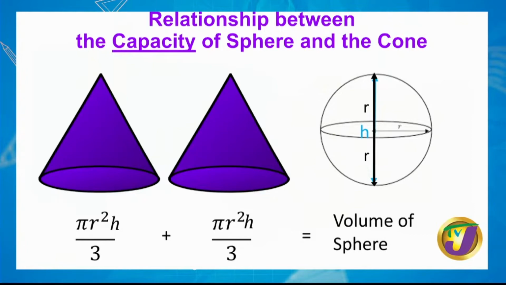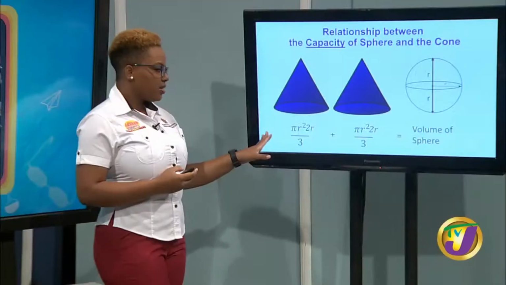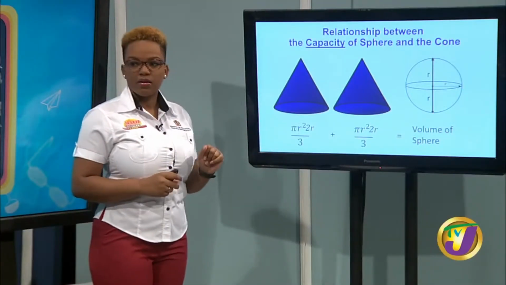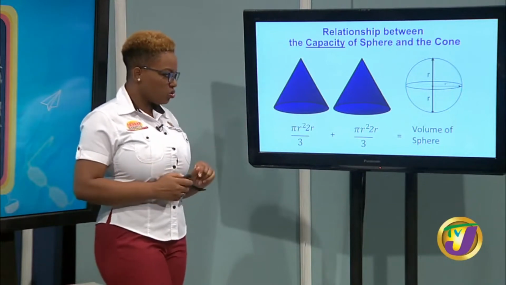This means the height of the cone is equivalent to 2 times the length of the radius. That is true. So in our formula for the volume of a cone, we are replacing the perpendicular height with 2r. We are now representing h as 2r.